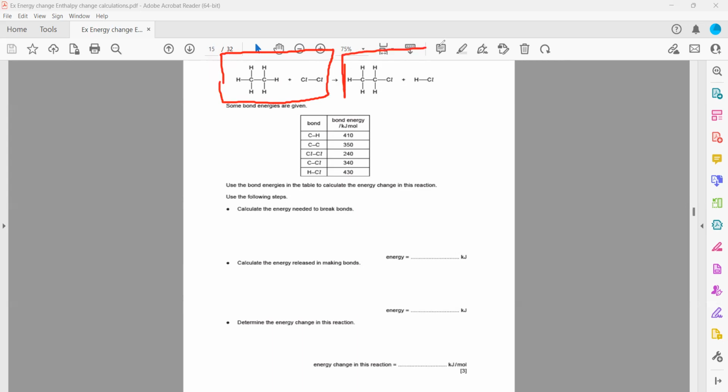The product side is the bond forming side. Bond breaking. So 1, 2, 3, 4, 5, 6. So there are 6 C-H.